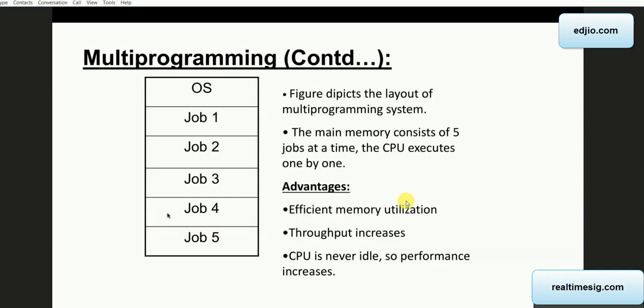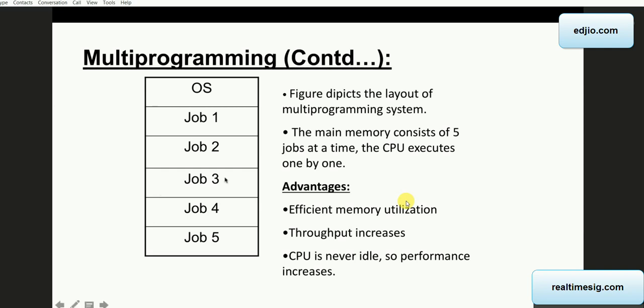So what are the advantages that you have with this particular operating system implementation? You are effectively using the memory. As long as you have memory, you can take the jobs, right? That's one. The second thing is that the throughput is increasing.